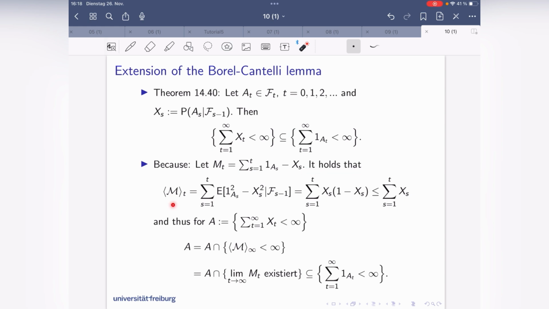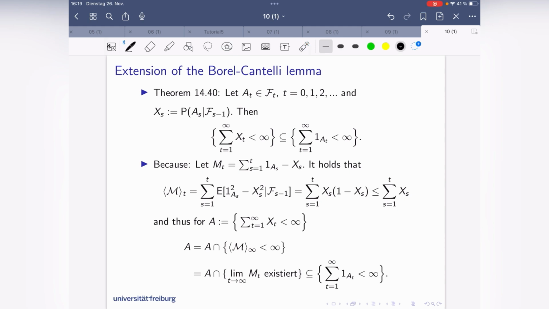It holds that the quadratic variation at time t, well, as usual, I'm summing the increments square. And by this usual martingale trick, I subtract here the square of the both components. I mean, I would have the square, and then I can multiply it out, and X_s is F_{s-1} measurable, and so on.